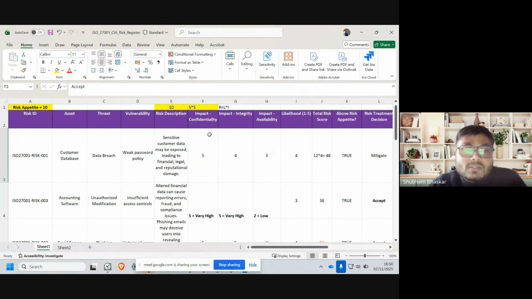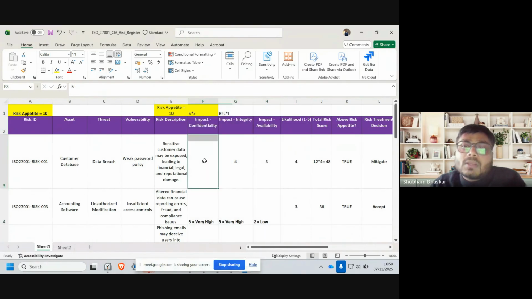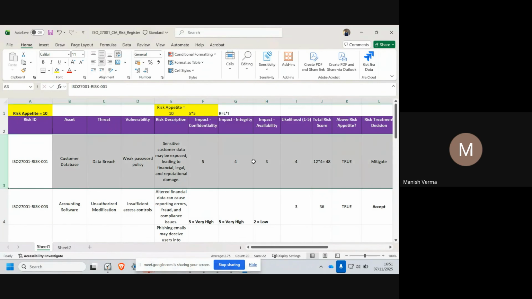But like I said, you can make it simpler or customize it to make it more complicated. At the end of the day, I'm just showing you the concept. If I were to remove these 3 and put only one impact, it would still be the same: likelihood into impact. In that case, the number would be less, the score would be less, and the risk appetite comparison would change again. But you understand the drill, right? Yeah, I got it.